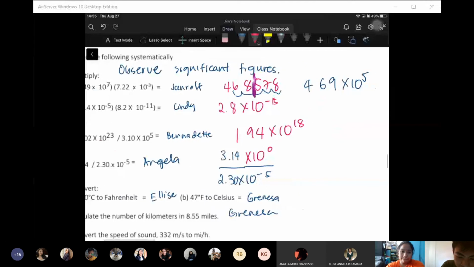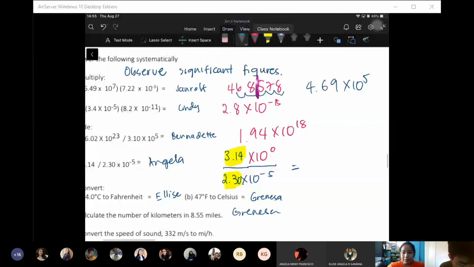So, gagawin natin, I am going to divide 3.14 by 2.30. Ang daming numbers. So, i-round off ko na, 3 decimal places na, 3 significant figures naman. So, this will be 1.37, no?